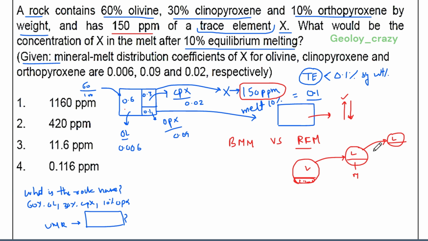Its volume is getting reduced. Again mineral. So in relay fractionation, the mineral that is forming will not react with the system. If the mineral is not reacting with the system, we use this method, the relay fractionation method.